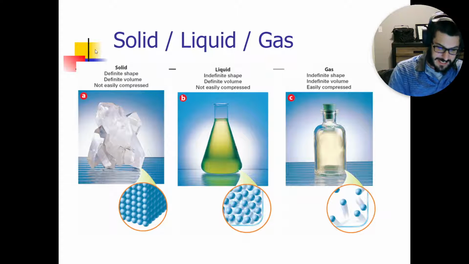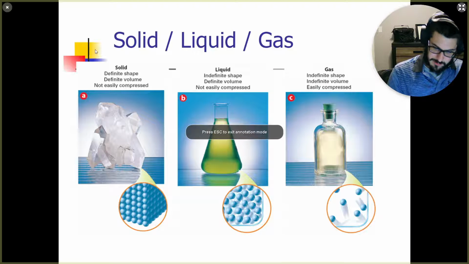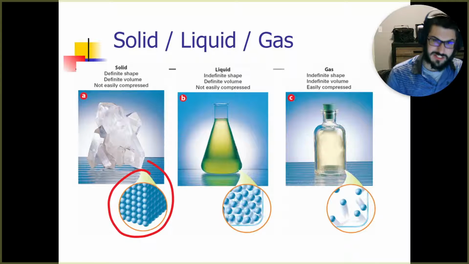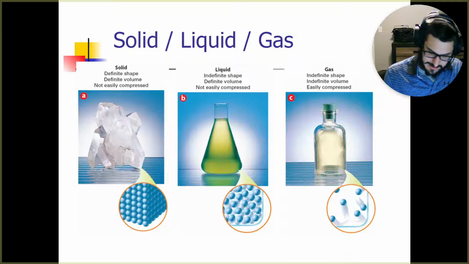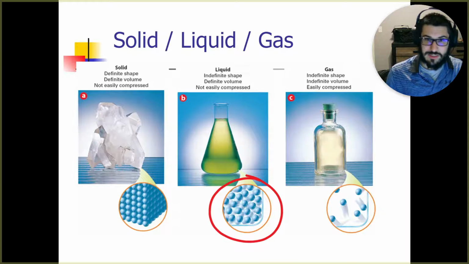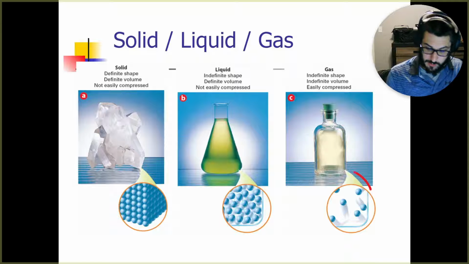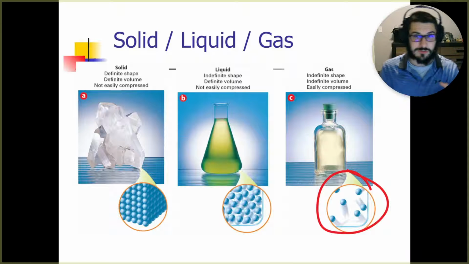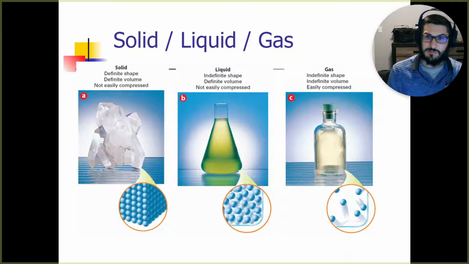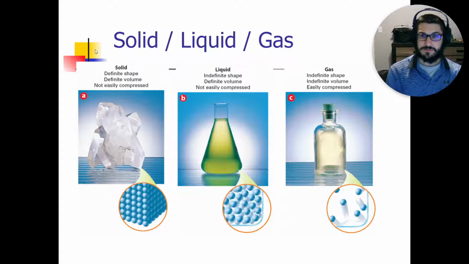Solids have really close particle spacing, so they're really close together and don't have much space, whereas gases have a lot more space, and so they can be pushed together more easily, so they're easily compressible.